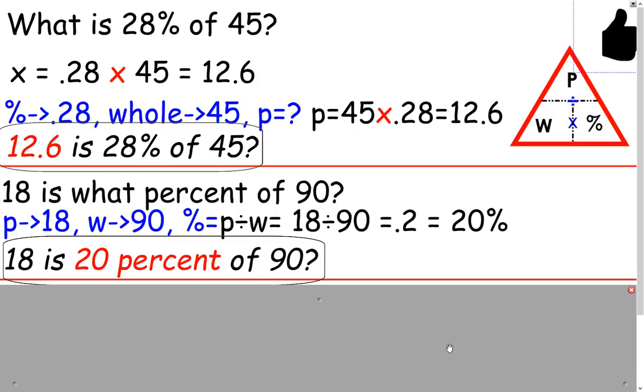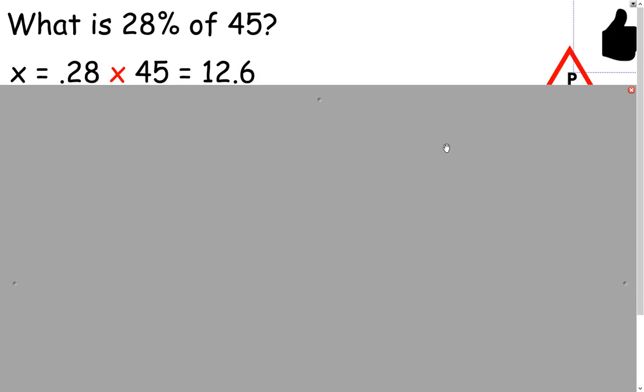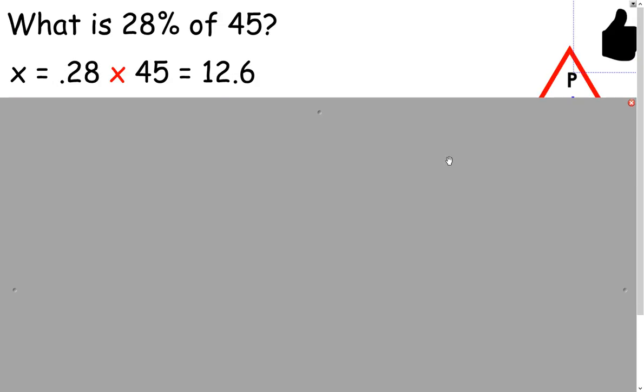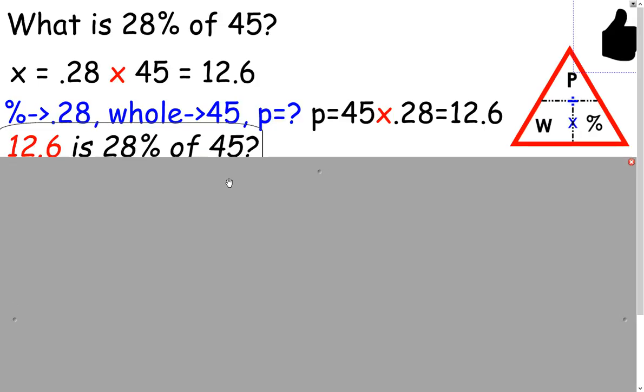Okay, so let's look at some problems here. What is 28% of 45? I'm going to do this quick translation. What is 28% times 45? It's 12.6. I can also cover it up. I've got a percentage, I've got a whole, I'm going to have to do part, so I'm just multiplying.